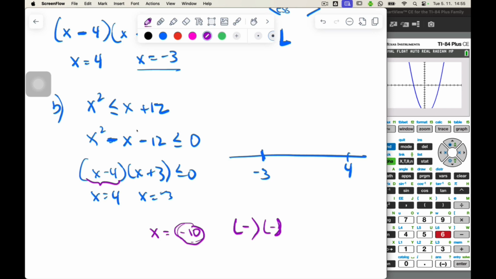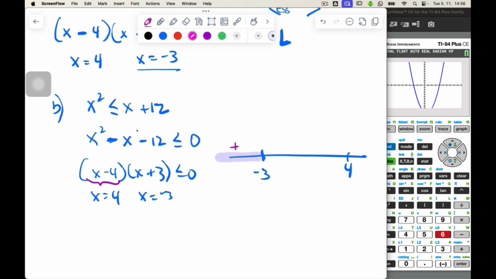I'm not concerned about the quantity, just whether it's positive or negative. When I multiply a negative value times a negative value, it becomes a positive. So everything on this interval, negative 3 and less, is always going to be positive, because it's a negative value from this factor and a negative value from this factor, which will be positive.